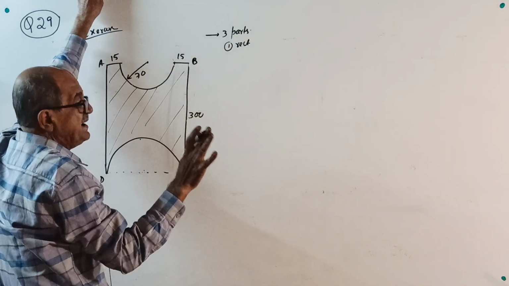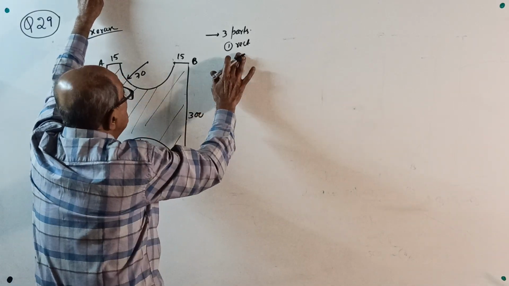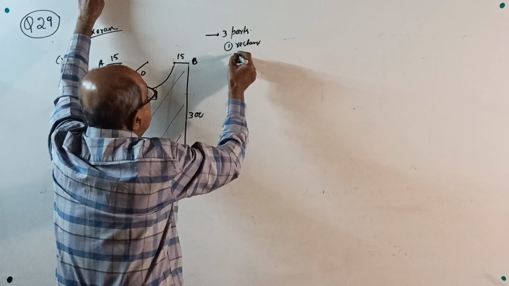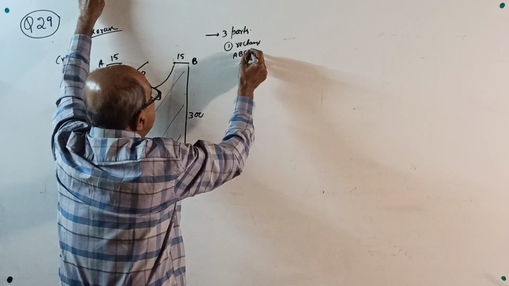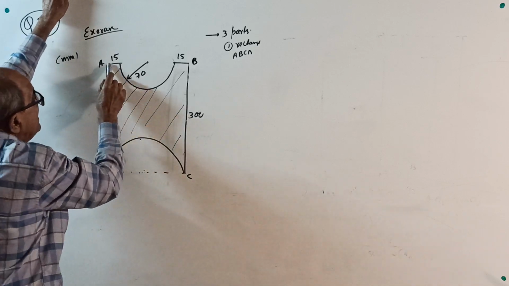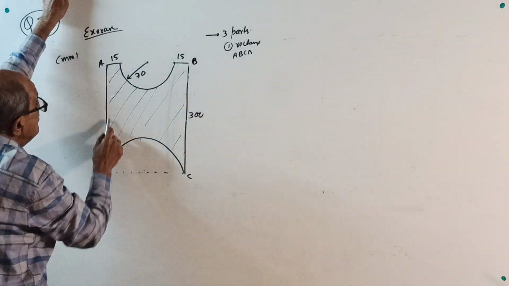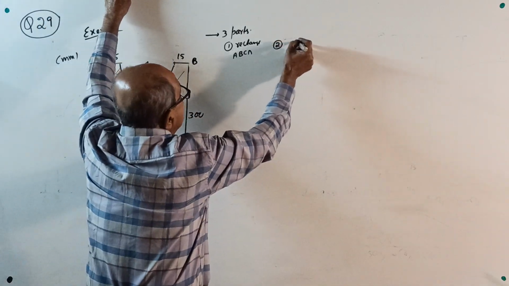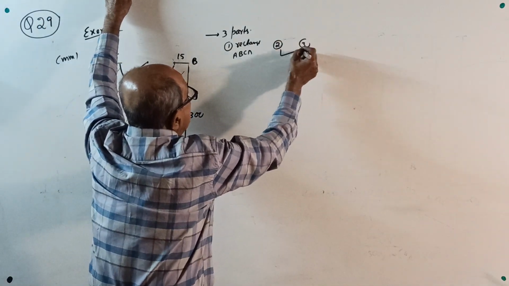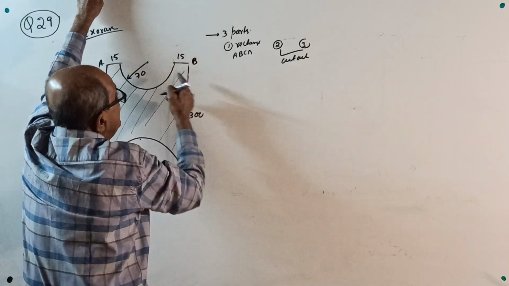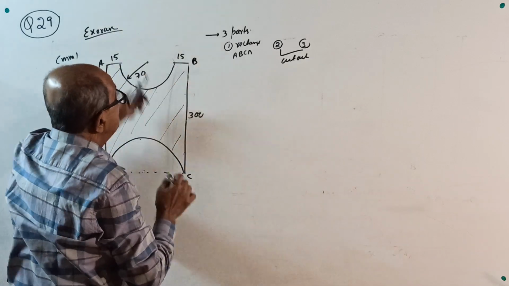You take part 1 as the full rectangle ABCD. Then part 2 and part 3 are cutouts. One on the upper side, one on the lower side. I will show part 2 and part 3.